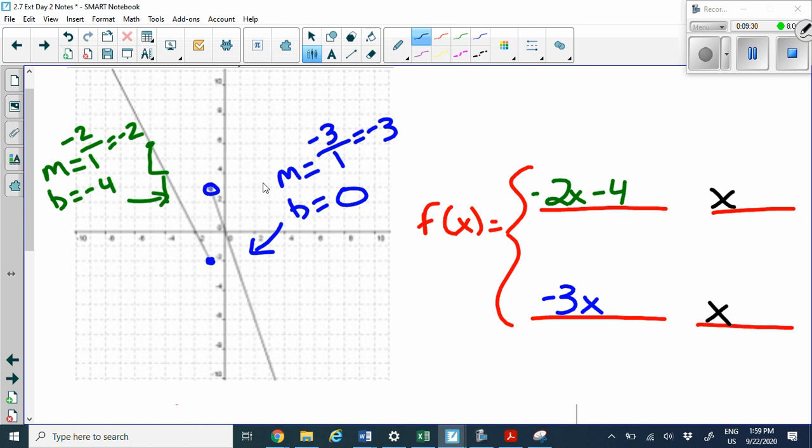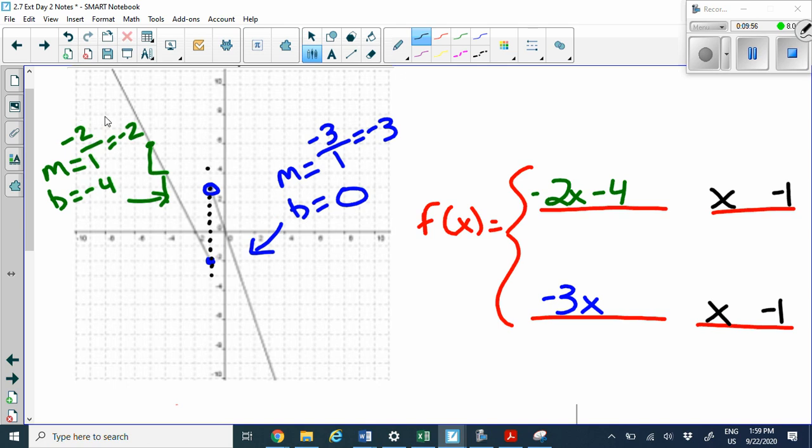Now we want to figure out the common x value between the closed and open circle. They align at -1. They both have -1 as an x value. So I'm going to have -1 and -1.